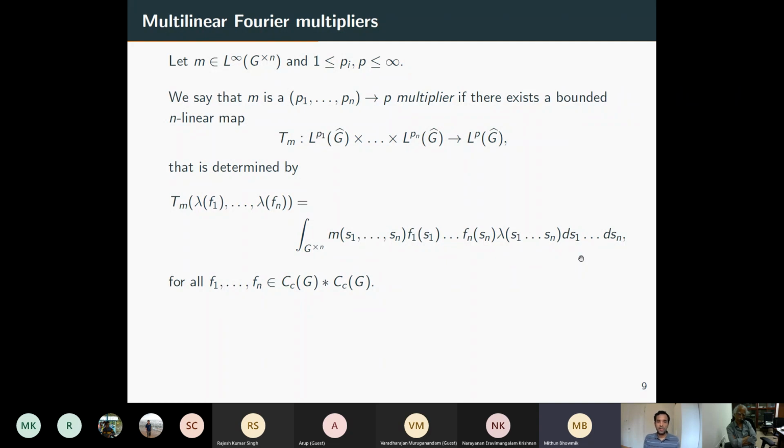And you say that it's a p1 to pn to p multiplier if it determines a bounded linear map on the product of these spaces to Lp.